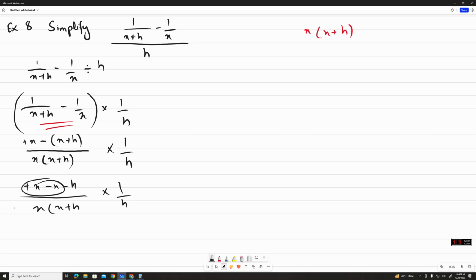These cancel each other out, so I get 1 over (x times (x plus h)) into 1 over h. Now these two cancel out, which becomes minus 1 over x times (x plus h). And voila, this is the answer. Moving on.